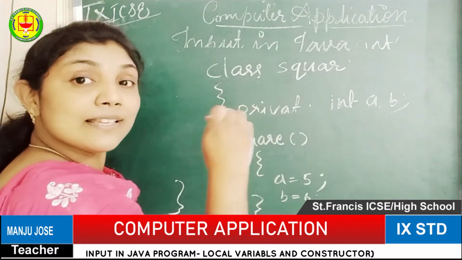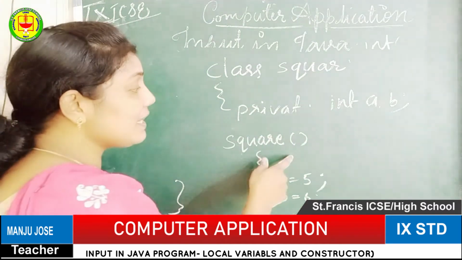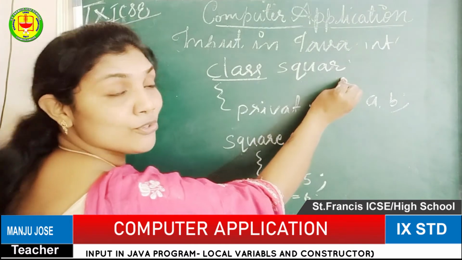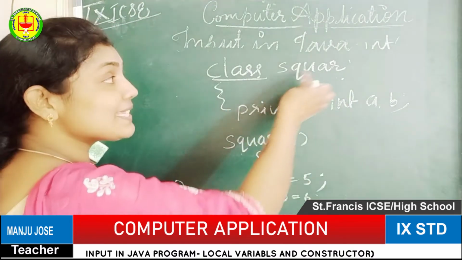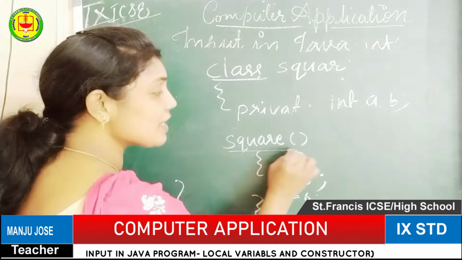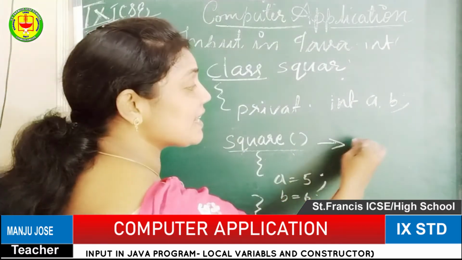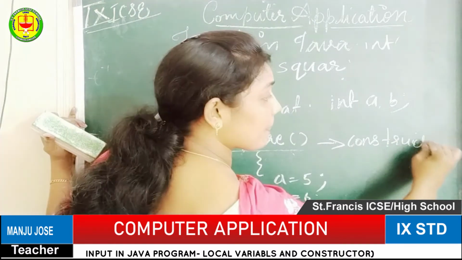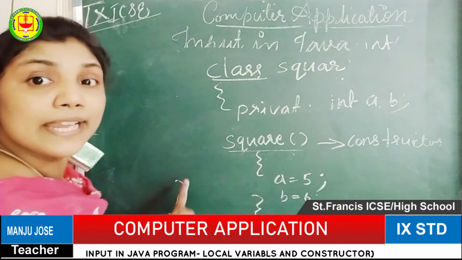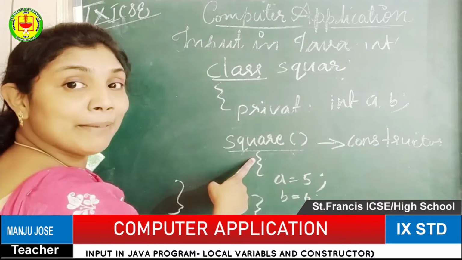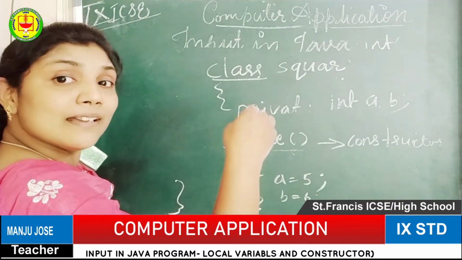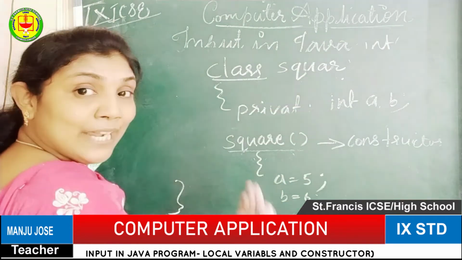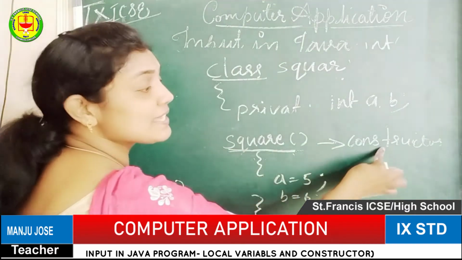Here the class keyword is used with the name square. But without the class keyword, the same class name used like a function, we can consider as the constructor of the given class. Inside the same class, the function name and the class name will be equal, and that function we consider as a constructor.